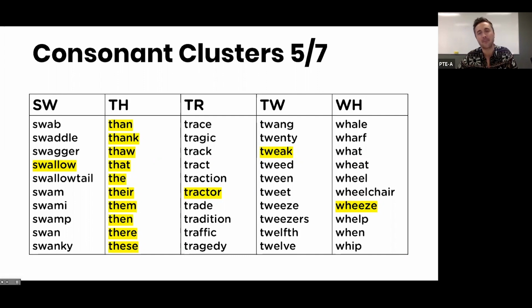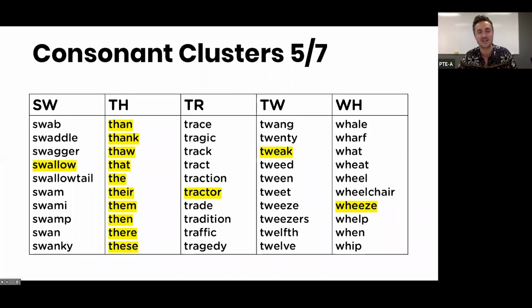A lot of people who don't have this sound, let's say Italians, for example, will say f, like thank you, but it's not f, it's th with the tongue, as in than, thank, thaw, that, the, there, them, then, and these. Every time you do that, your tongue should just be poking out a little bit. Then you've got tr as in tractor, tw as in tweak, and wh as in wheeze.